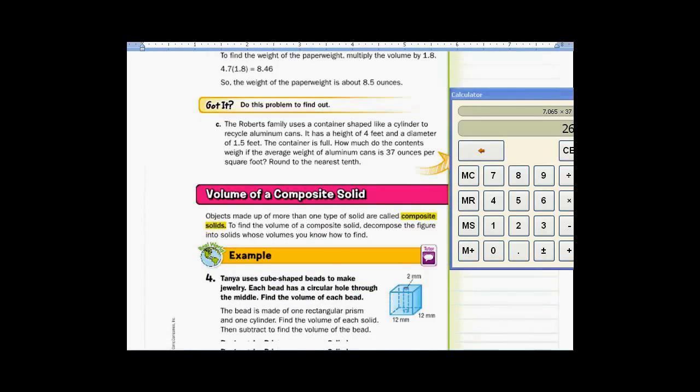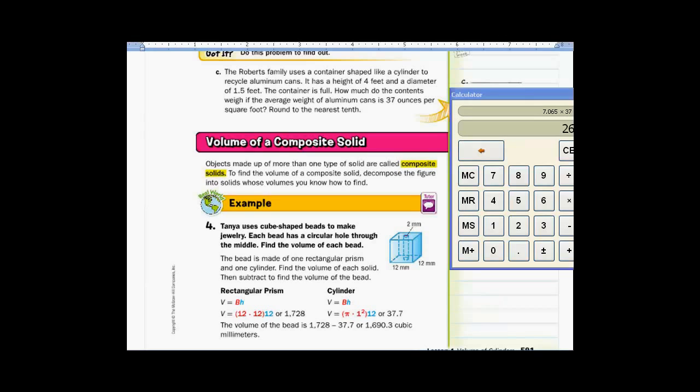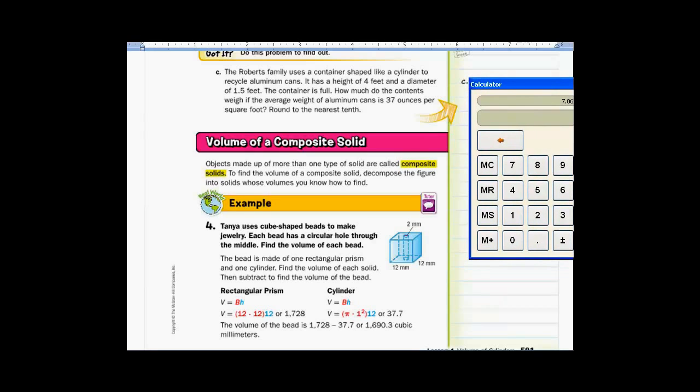Volume of a composite solid. Now, here's just a little bit different. If something is composite, it means that it's made up of more than one thing. Okay? So objects made up of more than one type of solid. So think about somebody's mailbox. Usually mailboxes are kind of shaped like this.